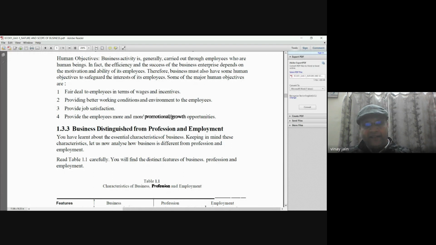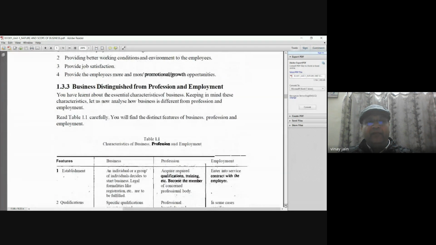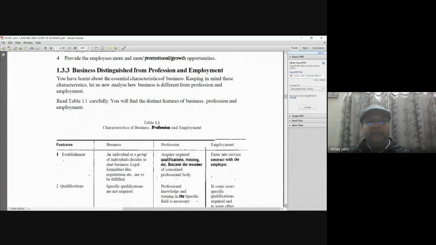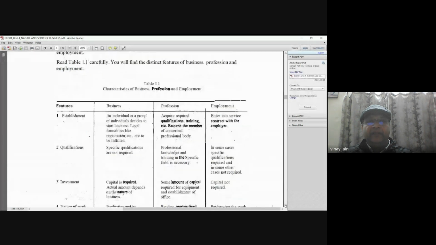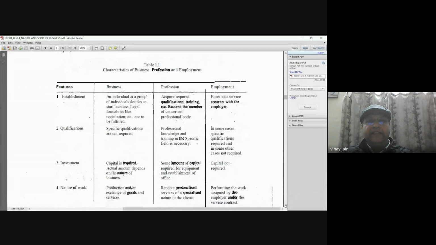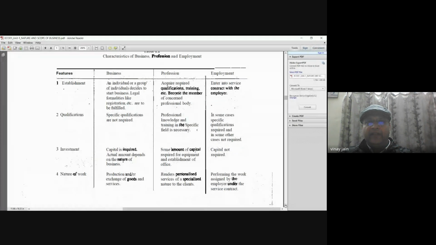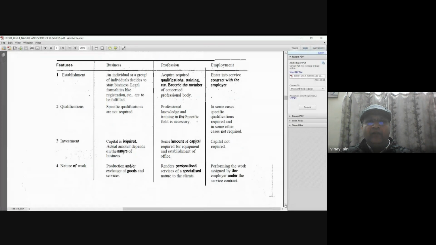Now, the student who was asking about the difference between profession and business. So you have the distinction among all these things. I'm just making you understand only the first one, establishment. So how are you going to distinguish establishment?